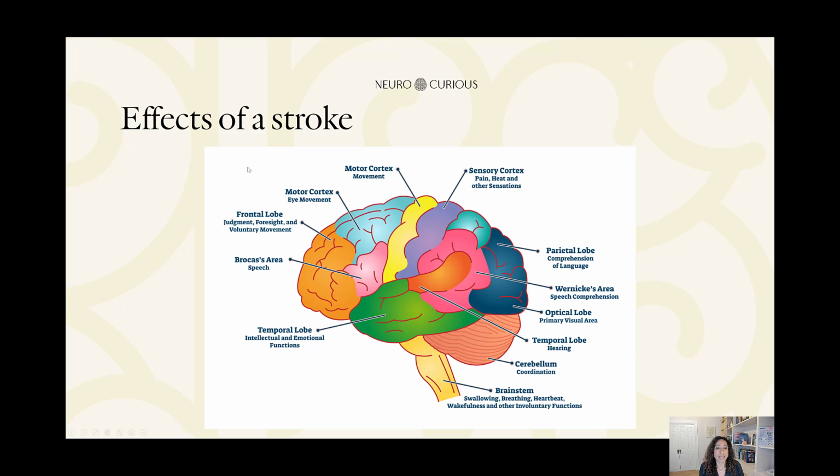Let's take a look at this illustration, okay? This yellow area depicts the primary motor cortex. This region contains neurons, or nerve cells, that are responsible for voluntary movement. Let's say, for example, that I want to move my right arm. Here's a picture of the brain on the left.